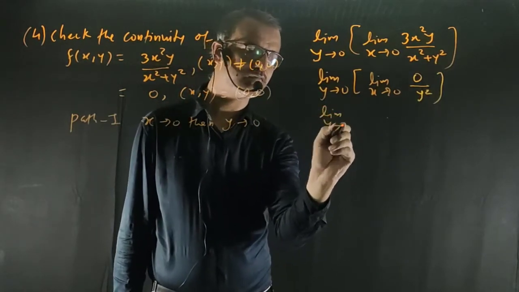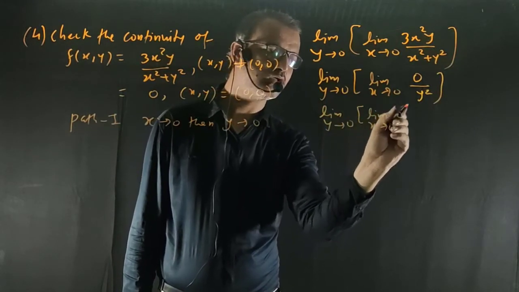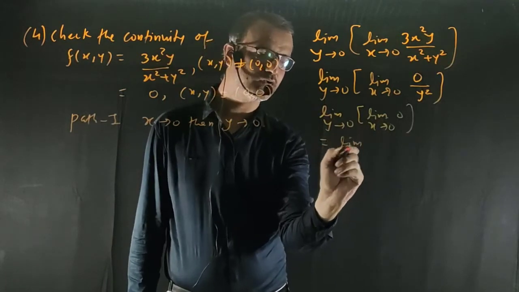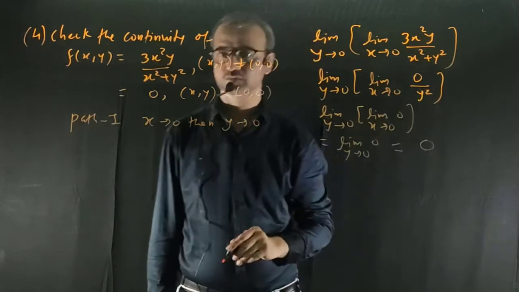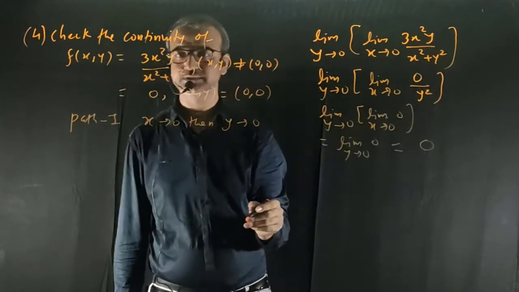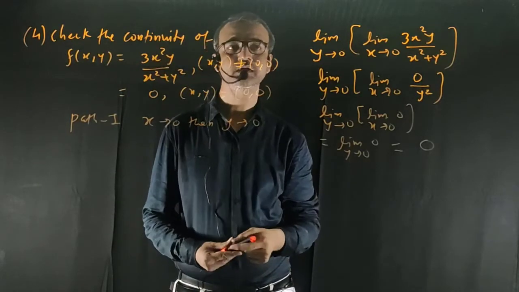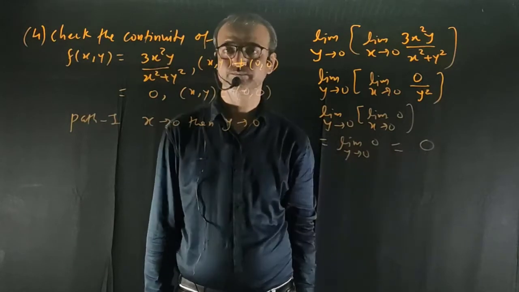So limit x tends to 0, answer is 0. So we have limit y tends to 0 of 0, and this is again 0. So the limit of the given function along the path 1 is 0.